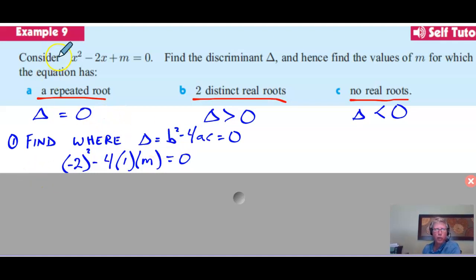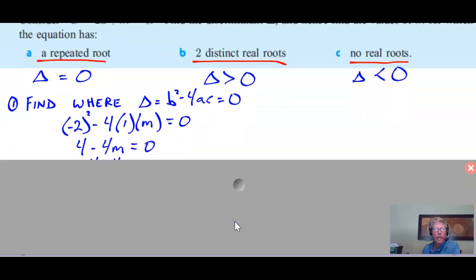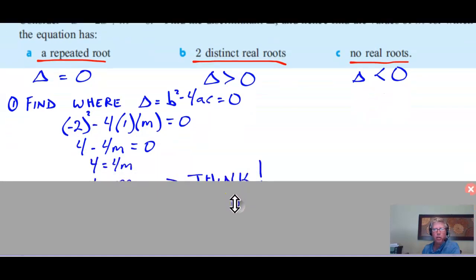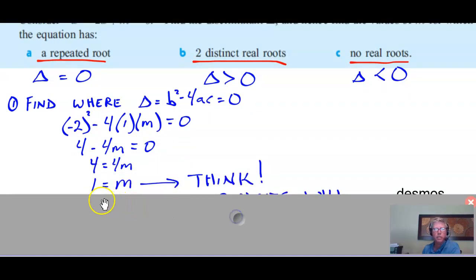So I evaluate my A as 1, B is -2, and C is m. I plug it into the discriminant, I work it out, checking my algebra, calling a friend, making sure, and I get when m equals 1. I write think because writing down m equals 1 is not going to help you.